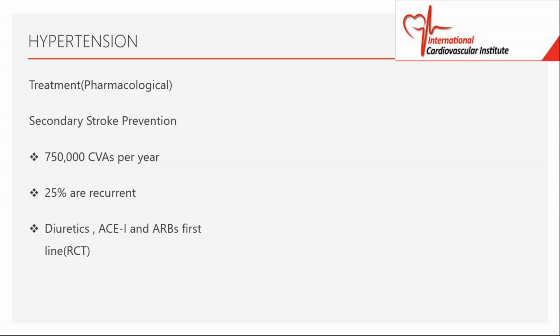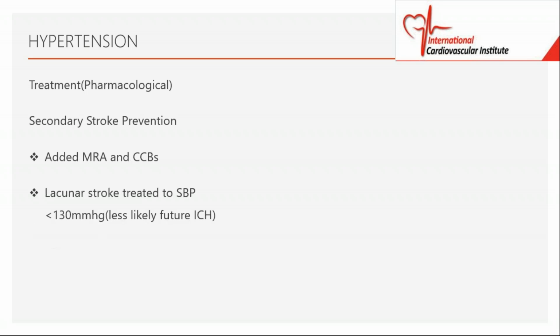Randomized controlled trials tell us that those are the medicines that are beneficial. So secondary stroke now. So the patient has had a stroke before, and you want to prevent the next stroke.